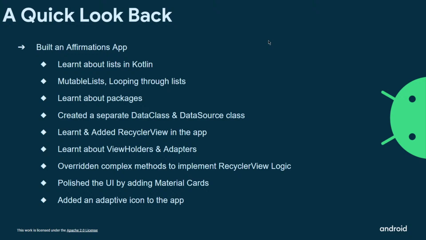We learned and added a recycler view in the app. We learned about different view holders and adapters. We overrode complex methods to implement the recycler view logic, polished the UI by adding material cards, and added an adaptive icon to the app.